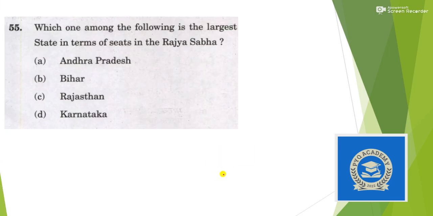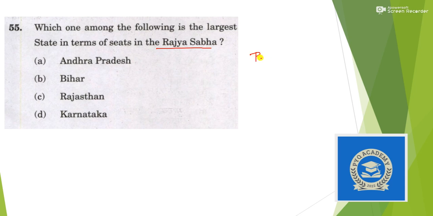Okay. So in the first question, which one of the following is the largest state in terms of seats in Rajya Sabha? You can get the chart of the distribution of seats in Lakshmikant, but you must have read the concept that the seats in Rajya Sabha as well as in Lok Sabha are distributed on the basis of population, not on the basis of the area of the state.